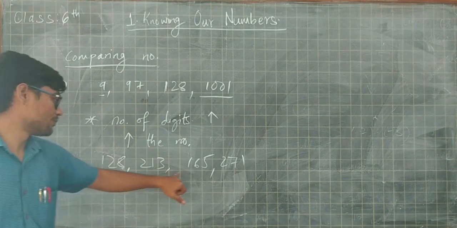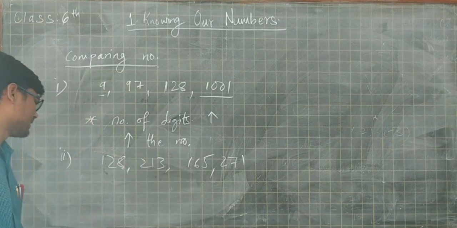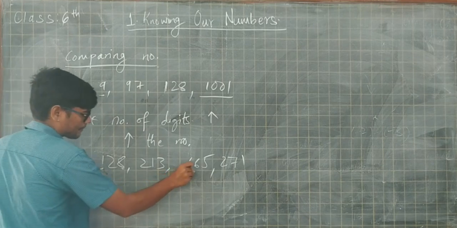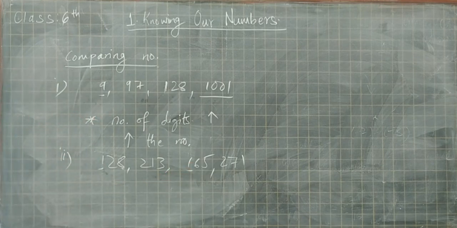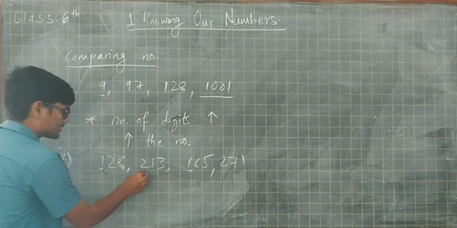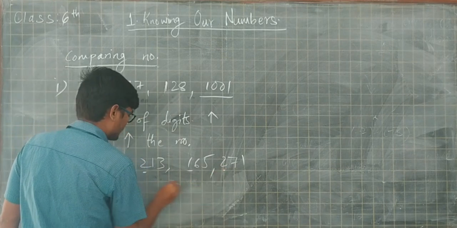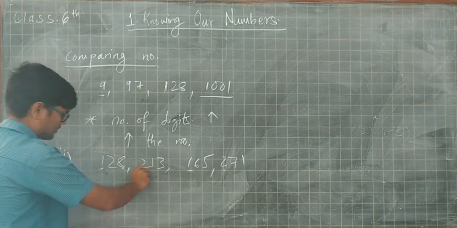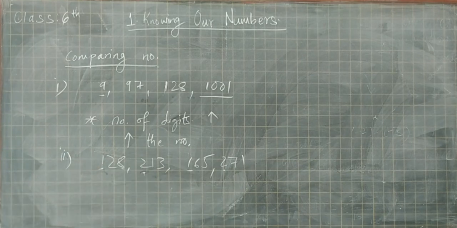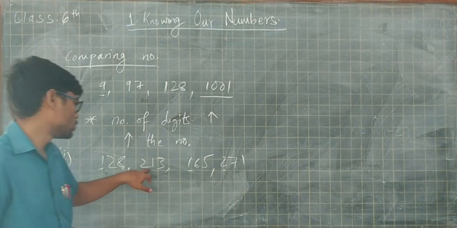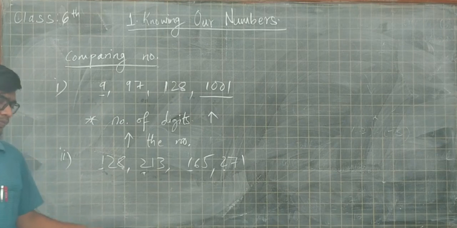See, in these two numbers, in hundreds place we have 1, and in these two numbers at hundreds place we have 2.